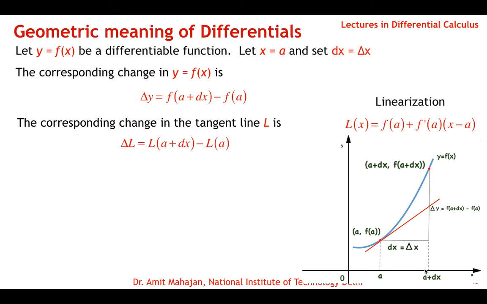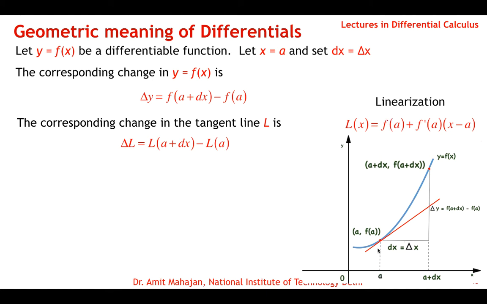Otherwise we can calculate the values on this line by using the point a plus dx, so when x is a and when x is a plus dx. So in this case the value of the line at point a plus dx and the value at the line at point a.